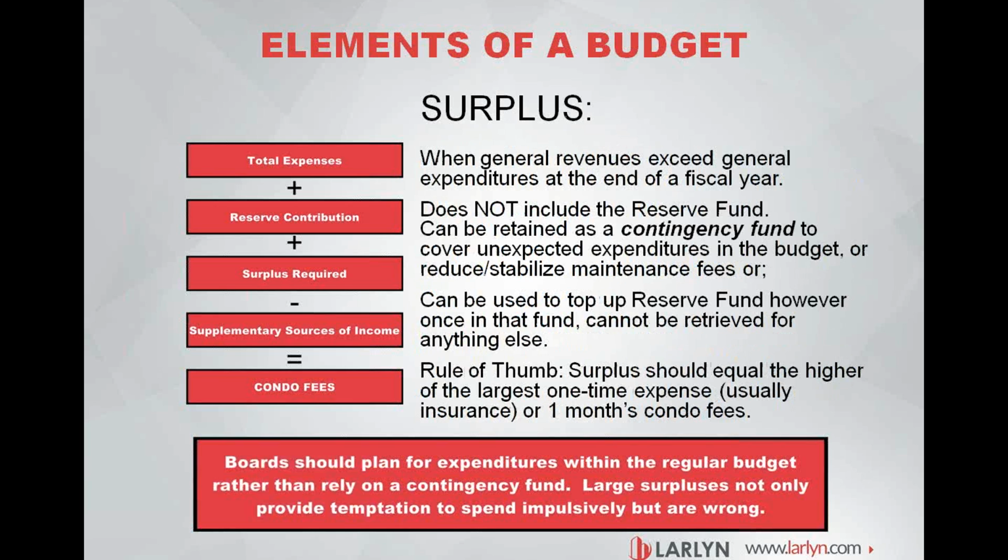The reason for this is because large surpluses not only provide temptation to spend impulsively, but are wrong. As discussed, the condominium corporations act as a nonprofit organization and can't be profitable. So to show large surplus at the end of the year is not kosher.